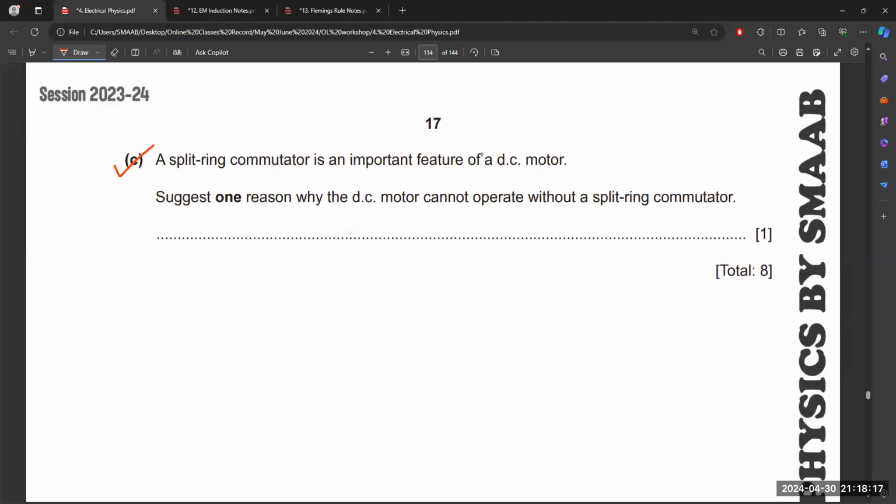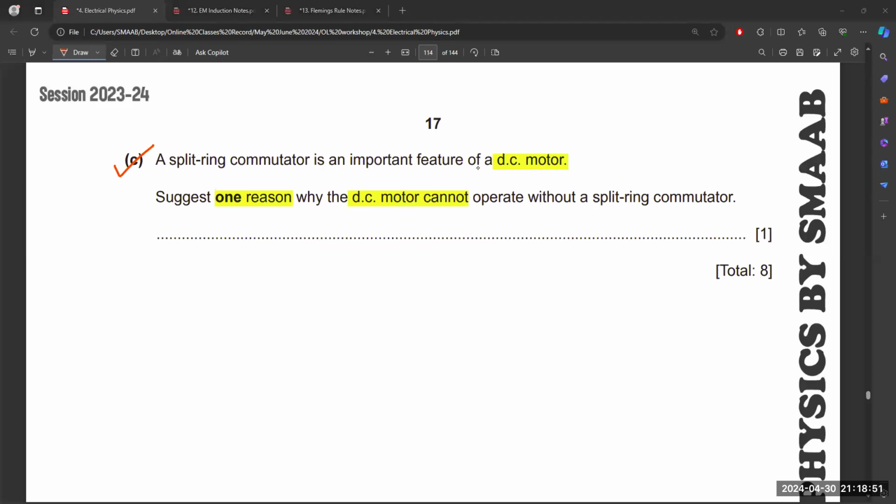A split ring commutator is an important feature of a DC motor. Suggest one reason why a DC motor cannot operate without a split ring commutator. We know that when the coil rotates from horizontal to vertical position, it gets stuck there and will not continue its motion further. That's why we have to make a break in the commutator, so it helps to rotate through half of the cycle due to inertia.